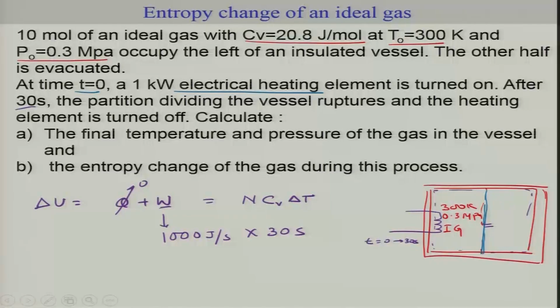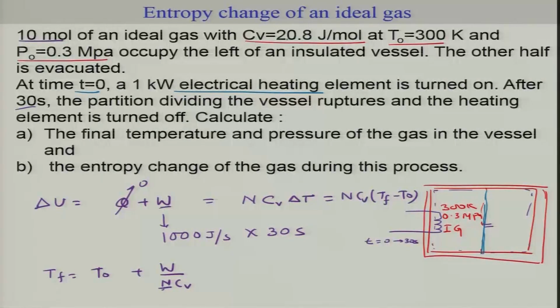Okay. So, what about the delta T here? Delta T is TF final minus T0, right. So, I can obtain TF as T0 plus W by N CV. And what about N? N, we know, the number of moles is 10 moles.